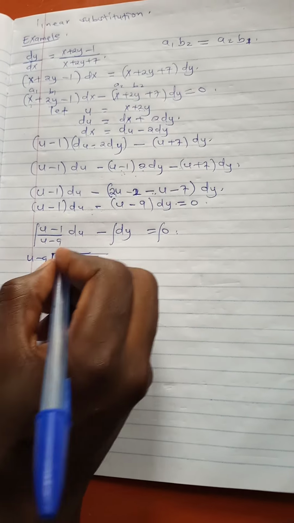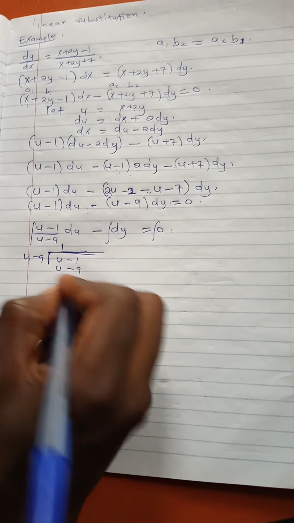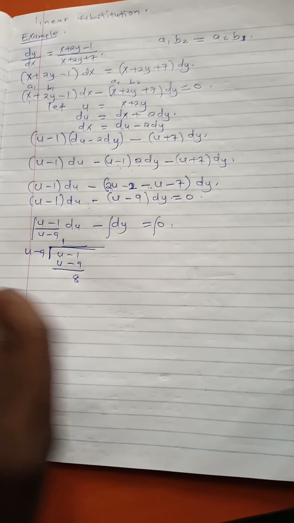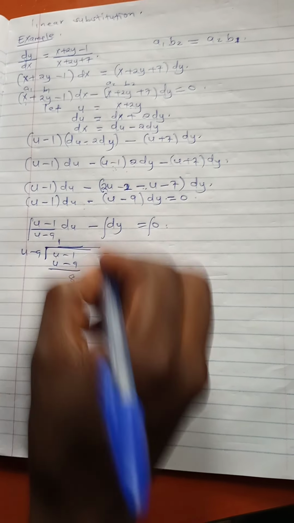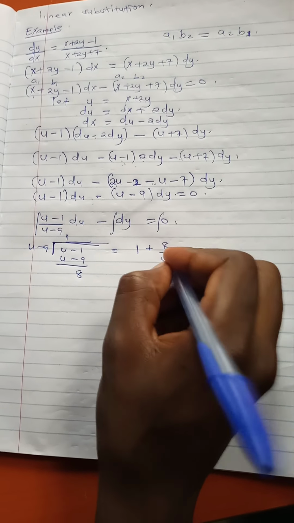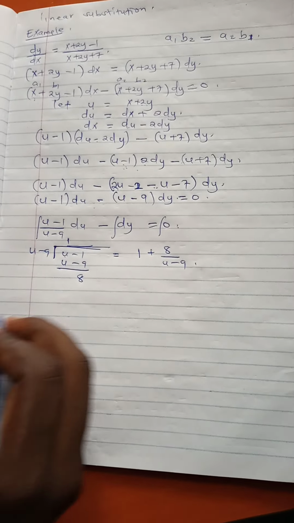So u goes into u 1 times, which is u minus 9. Everything that is remaining there is 8, because 1 minus negative 9 is 8, such that what I'm now having at this point is 1 plus 8 over u minus 9.